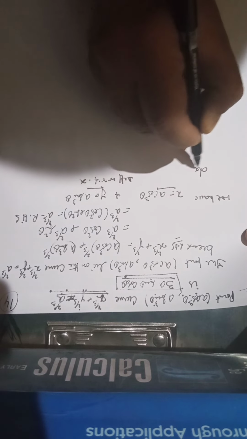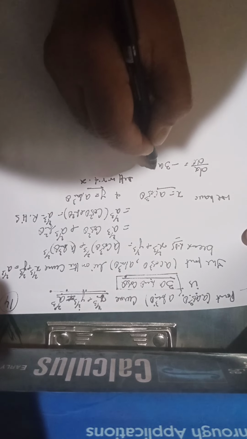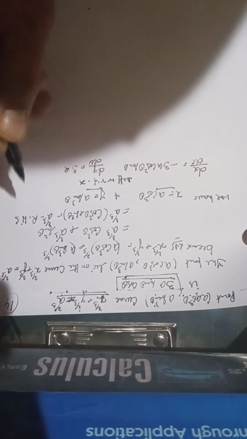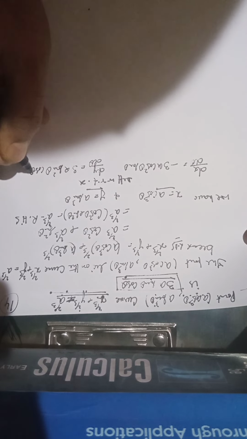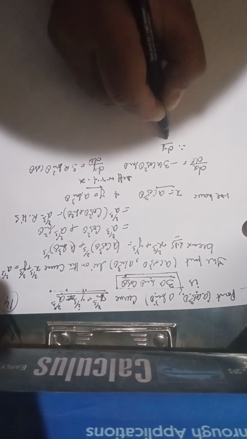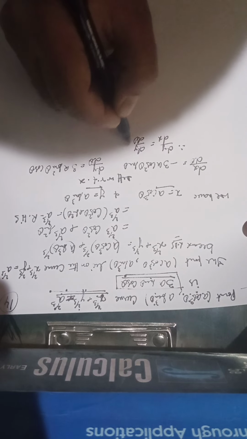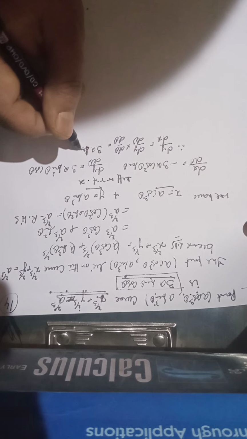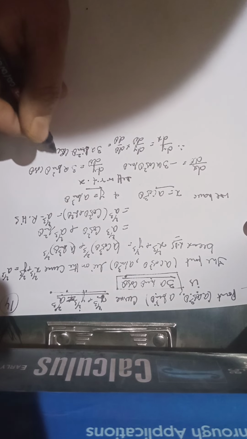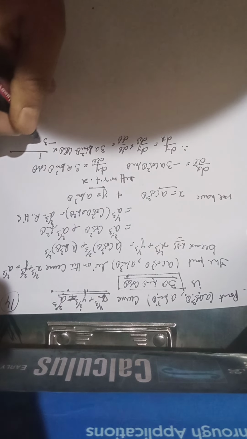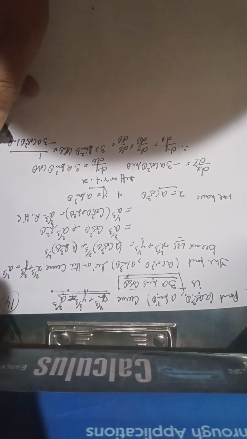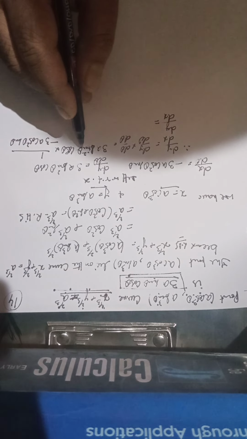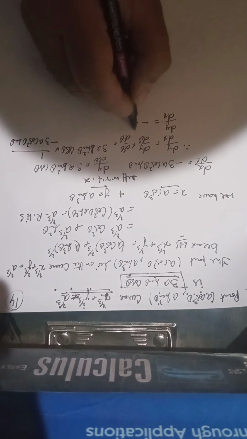I will get dx/dθ equal to −3a cos² θ sin θ, and dy/dθ equal to 3a sin² θ cos θ. Therefore dy/dx is dy/dθ into dθ/dx, which is 3a sin² θ cos θ times 1 by (−3a cos² θ sin θ). So in dy/dx, 3a cancels out, sine goes, cos goes, and it is −tan θ.